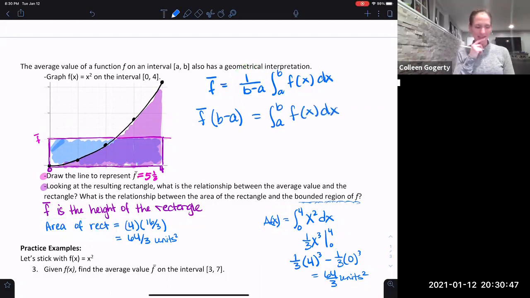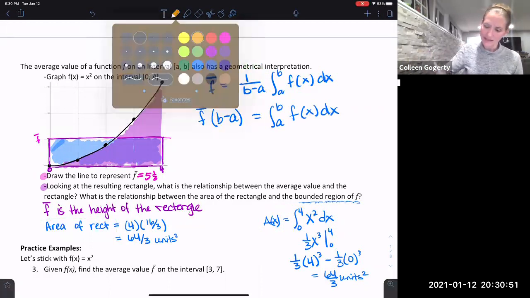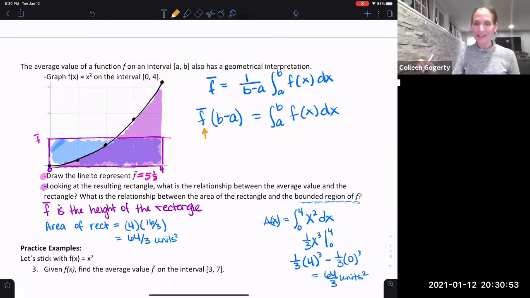Isn't this what we just saw? Think about what the average value is in this picture. Wasn't it the height of the rectangle? And what does b minus a give you? Isn't that the length, or the width, whatever way we want to call it? I'm going to call it the length of the rectangle.